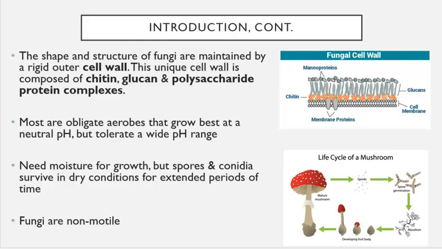Most fungi are obligate aerobes that grow best at a neutral pH, but some can tolerate a wide pH range. Fungi need moisture for growth, but spores and conidia can survive in dry conditions for extended periods of time. And spores are cells that are involved in fungi reproduction, and conidia is spores that are produced at the tip of hyphae, or branching filaments of fungus.